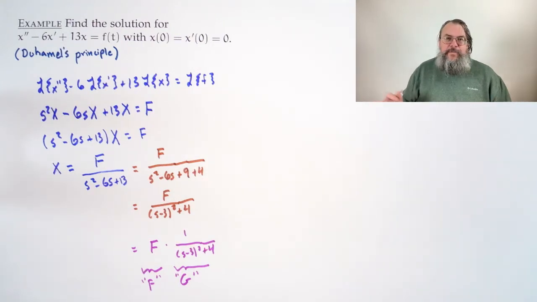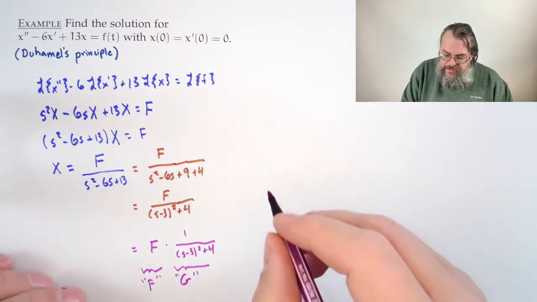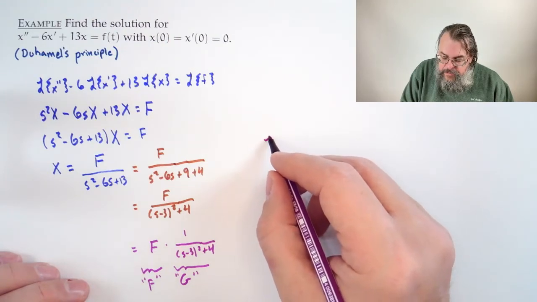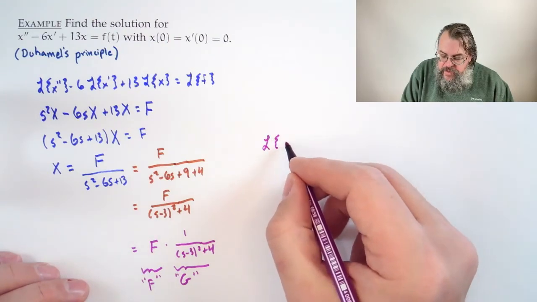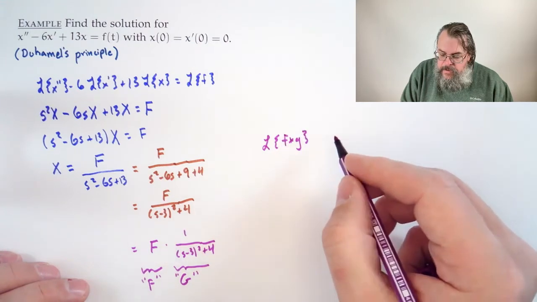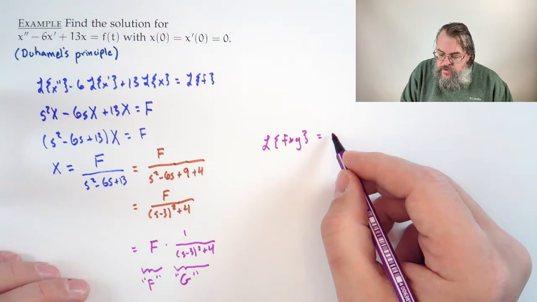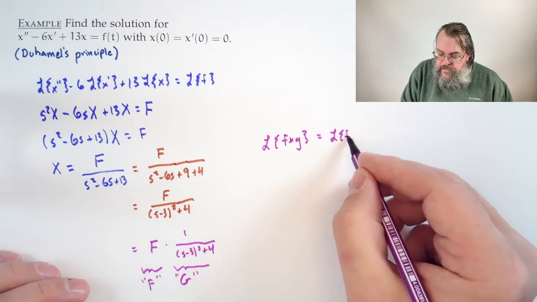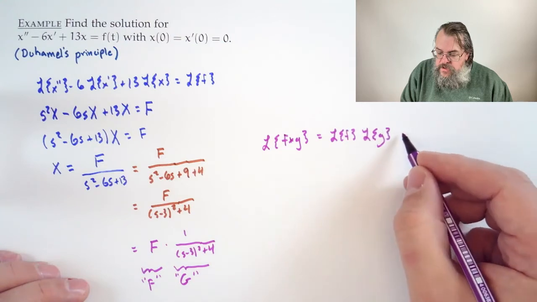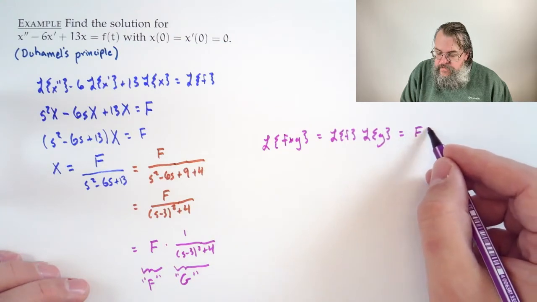Okay, so we're just going to remember the rule. All right, so what's the rule? So the rule says, we'll recall it, that if we take the Laplace transform of f star g, that's equal to the Laplace transform of f times the Laplace transform of g, which is capital F times capital G.